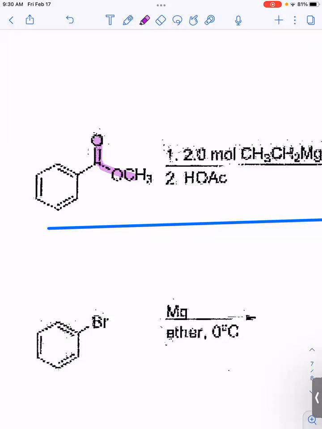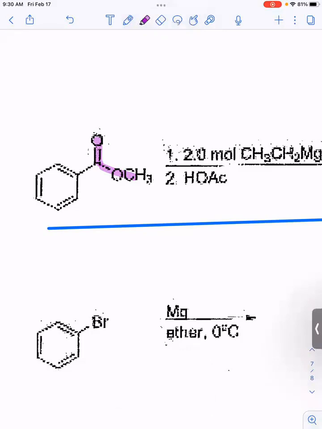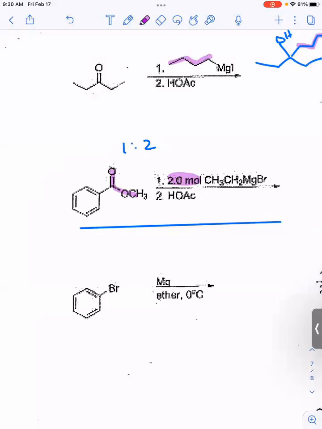It's an ester. And so now remember with the ester, the stoichiometry matters. When you look at the stoichiometry, it's a 2-to-1 ratio, evidenced by this number right here, 2 moles of this Grignard, and then follow that up with an acid.